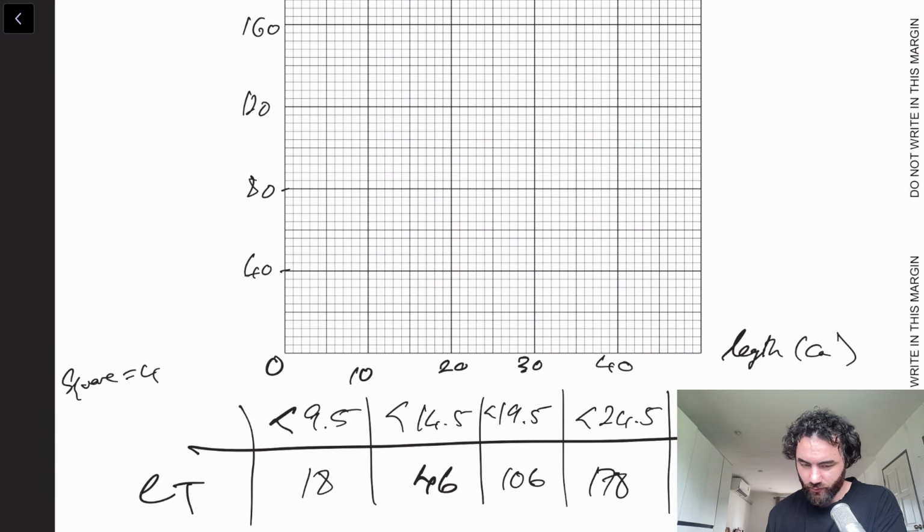Okay, and we just plot these points. So you have to plot 9.5. So this is 9.5, so it'll be here. And this is 18. So I'm just going to divide 18 by 4 to see how many squares I go up. 18 divided by 4 is 4.5. So the first one is going to be there.